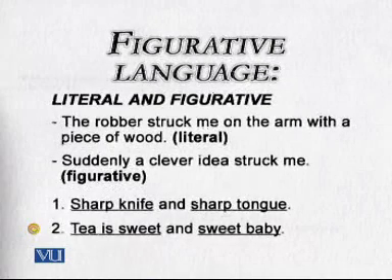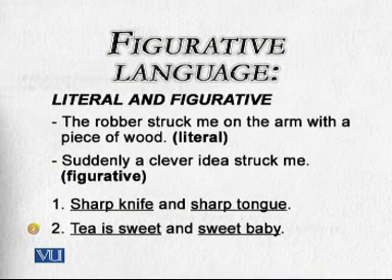Some more examples for the concept. Let's say, second example, tea is sweet and sweet baby. Look, tea can be sweet, understandable. Now, the quality, the attribute of the tea being sweet, we use for babies to express that someone is very cute, someone is so loving, someone is so angelic.